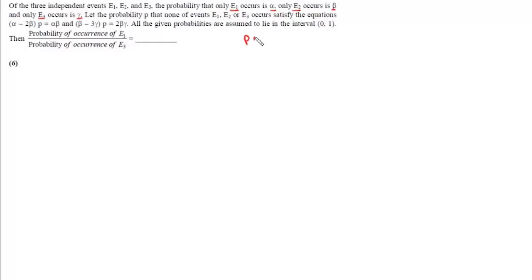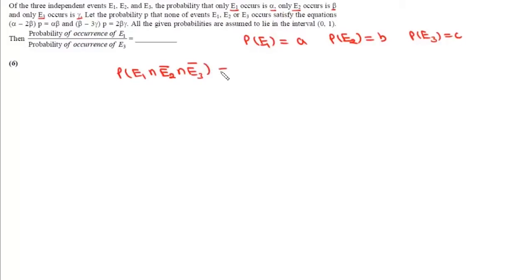Now say the probability of occurrence of E1 is A, the probability of occurrence of E2 is B, and the probability of occurrence of E3 is C. Now the first one is only E1 occurs, that is P(E1 ∩ E2' ∩ E3').